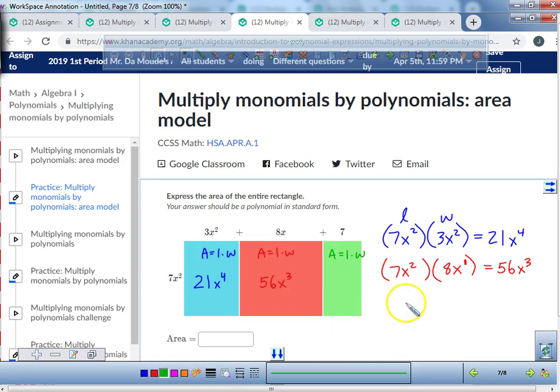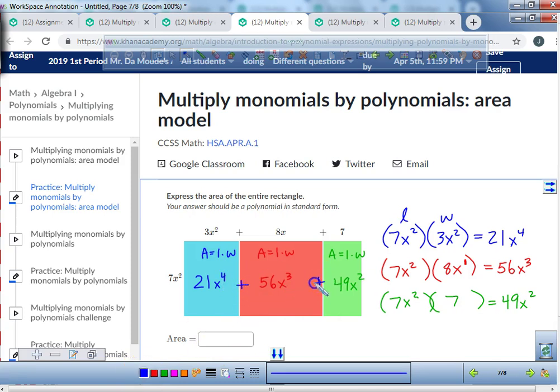And last but not least, let's do the green rectangle. What's the length? Once again, it's 7x squared. What's the width? 7. 7 times 7 is 49. 49x squared. So what's this area? 49x squared. So here's my final answer.